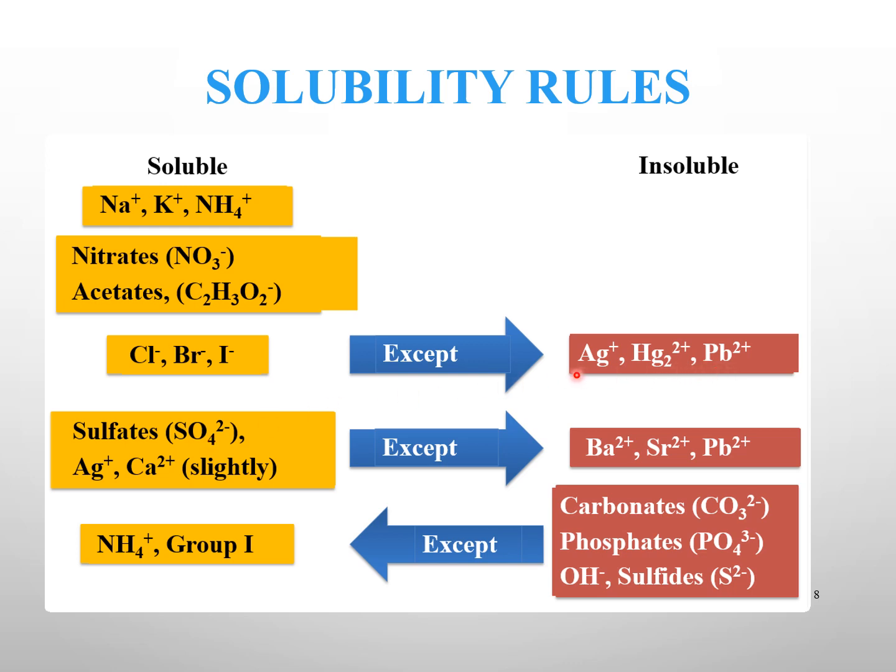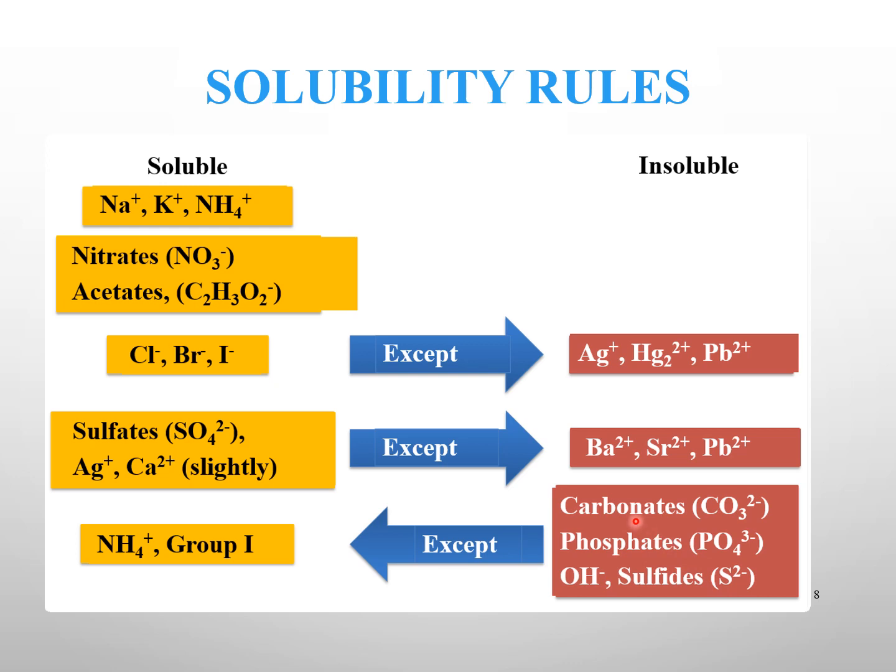And Ag is silver. All sulfates are usually soluble unless it's paired with barium, strontium, and lead. Okay? All ammonium and group 1, like we said here, these are always going to be soluble.